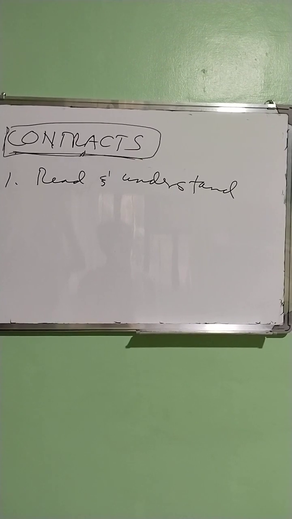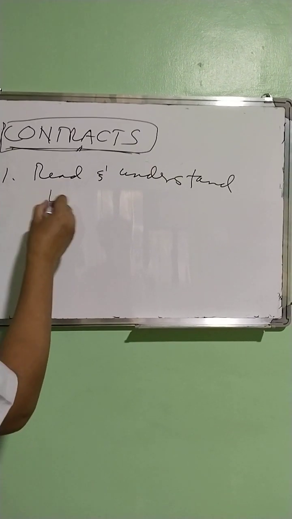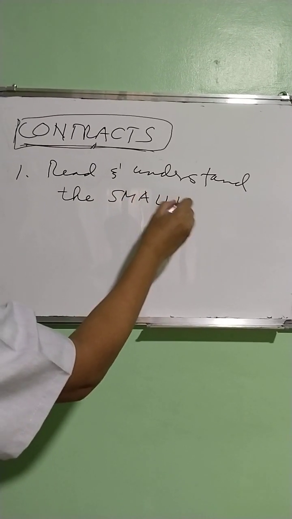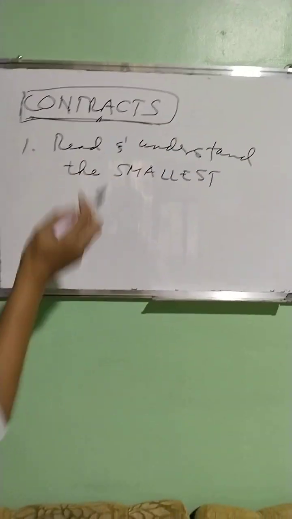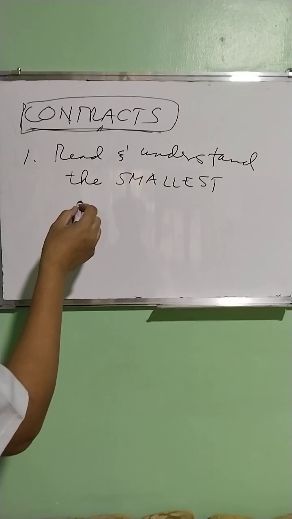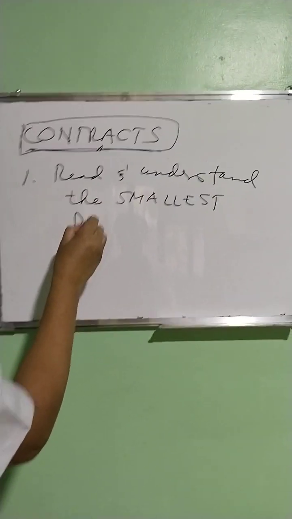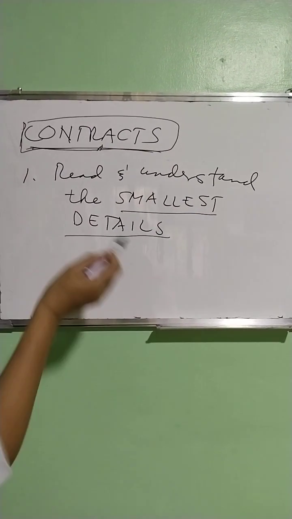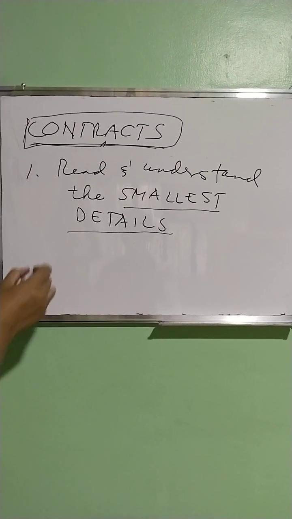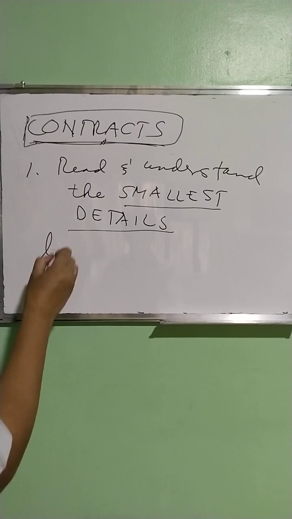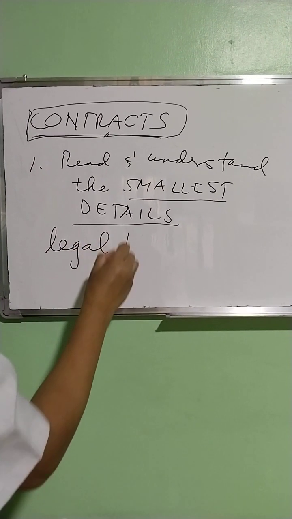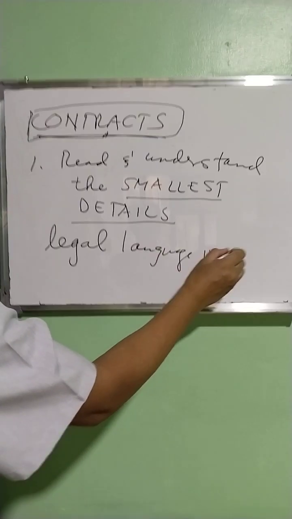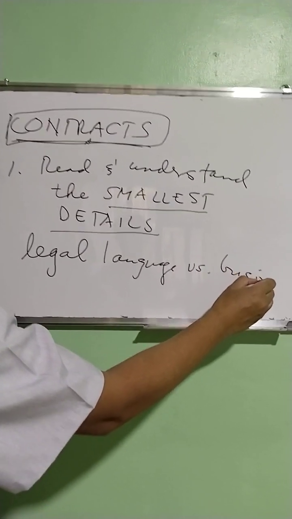Read and understand the smallest details. Do not just concentrate your reading on the bigger details, on the bigger aspects. So in short, even the smallest details you should also read, because here you might have a problem: legal language is very different from what we call business language.